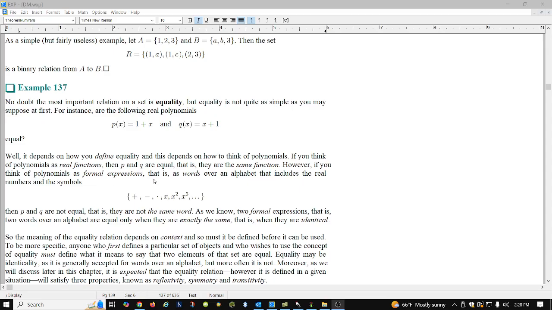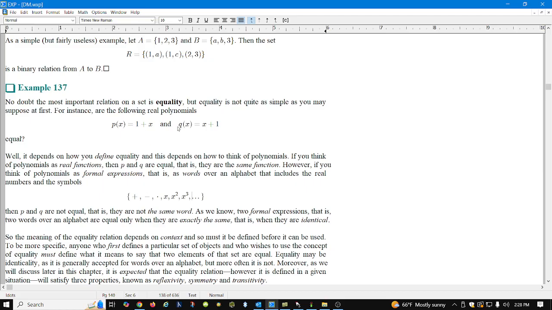The alphabet should include the real numbers and the arithmetic symbols that go into making up a polynomial, as well as the various powers of the variable x. So that's what we mean by a formal expression, just a sequence of symbols from an alphabet.